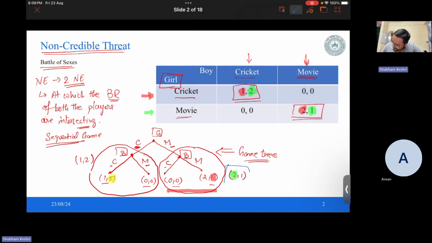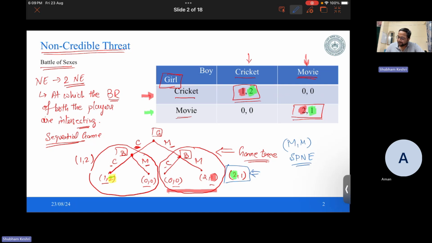So this will be the utility, and the subgame perfect Nash equilibrium is movie, movie. So you see, for this sequential move game, when one player is playing and then the other follows, you have only one subgame perfect Nash equilibrium. And an interesting thing to note over here is that if the boy plays first and then the girl follows, then you will have a different subgame perfect Nash equilibrium that will be cricket, cricket.